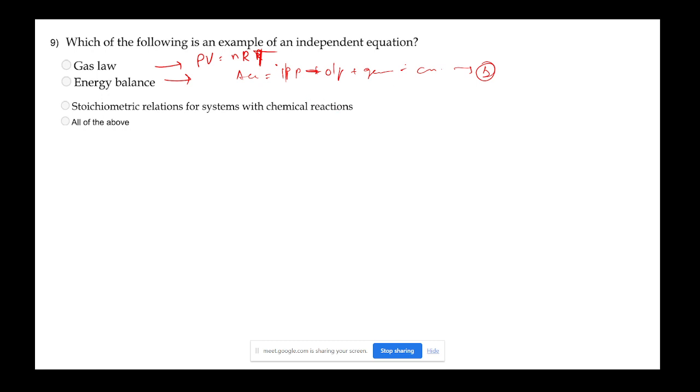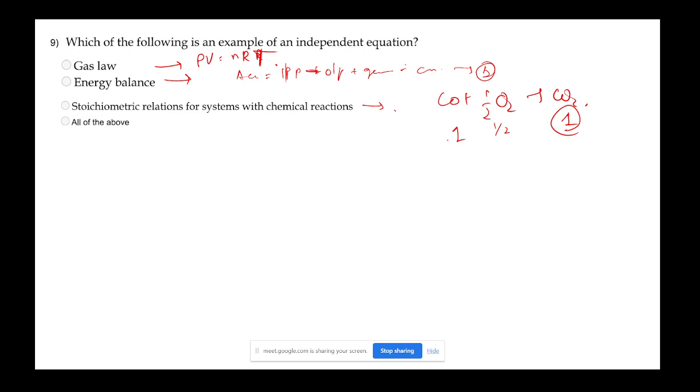Then you have the stoichiometric relation for a system with chemical reactions. Say for example, CO plus half O2 gives you CO2. Okay. So for 1 mole of CO present and half mole of O2 consumed, you will get 1 mole of CO2 formed.